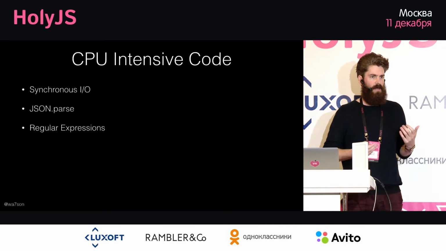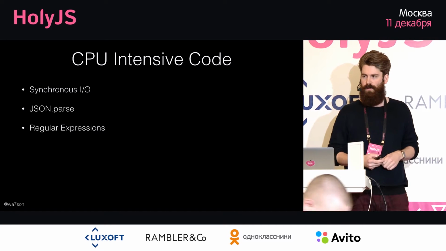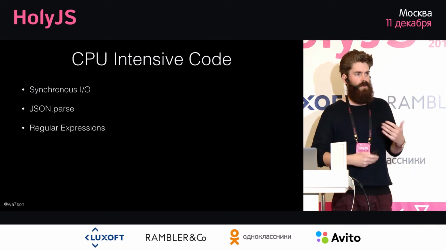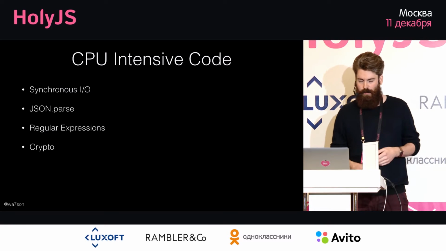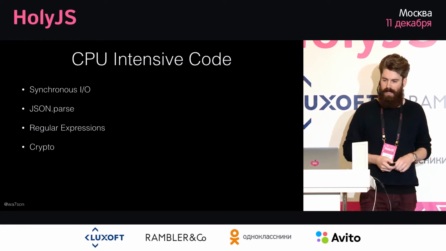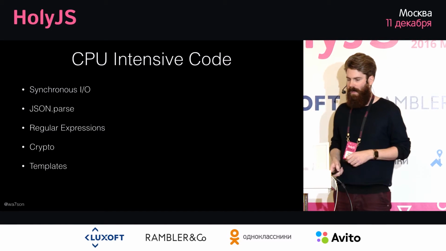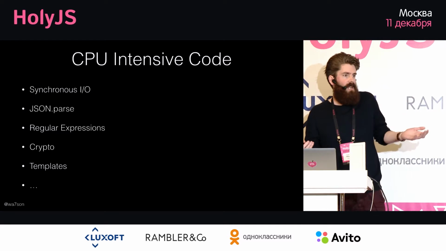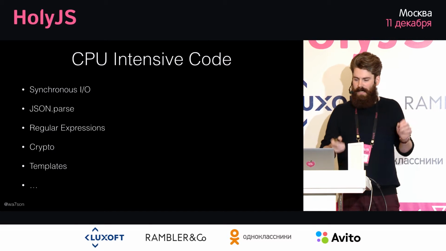Some of you might not know this, but regular expressions in JavaScript can be susceptible to what's called a ReDoS attack, where the time it takes to parse a certain string grows exponentially in certain tricky situations. Crypto, another example of something that takes a long time, that should be done asynchronously. Template rendering, and a lot of other stuff, because this is by no means a complete list.